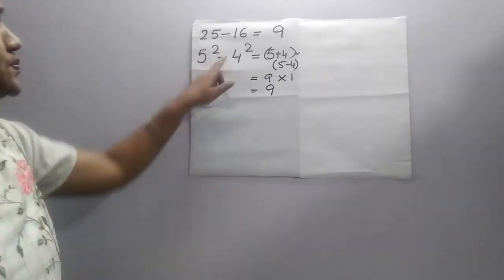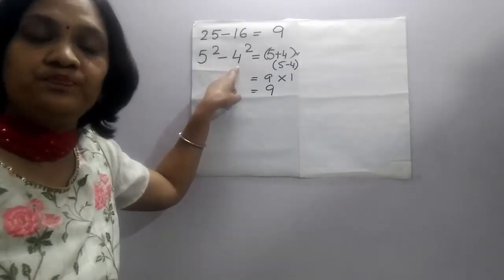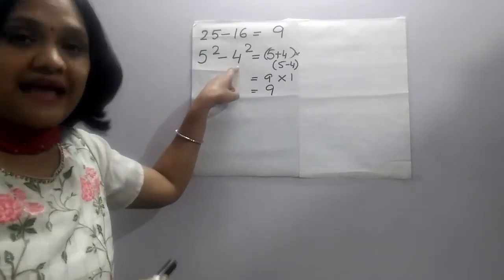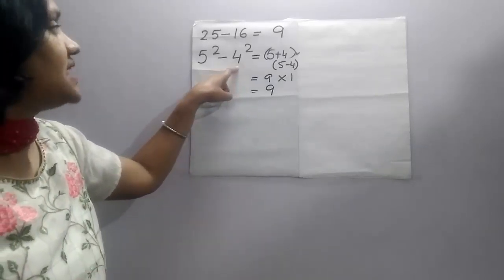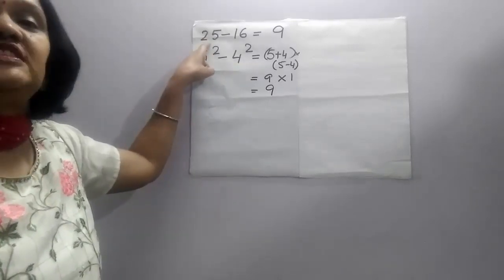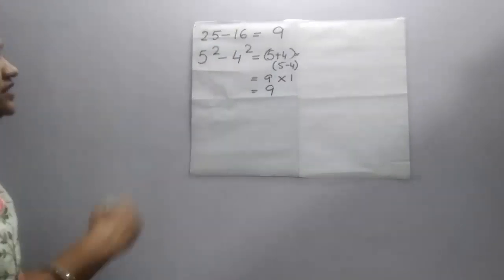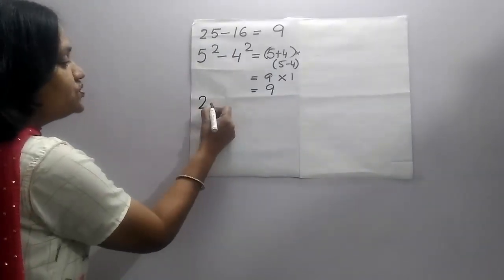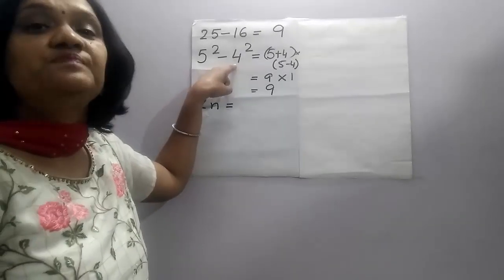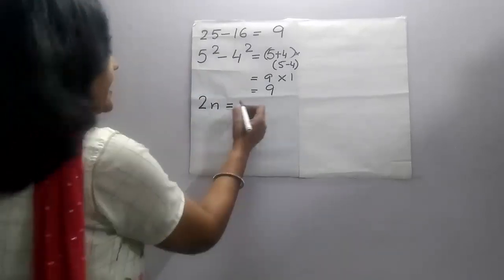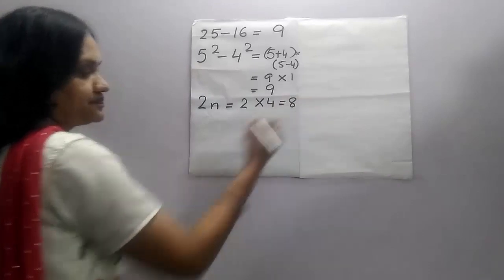Now, which is the smaller natural number out of 5 and 4? 4 is smaller than 5. Okay. Now, how many natural numbers are there between 25 and 16? We can calculate using the formula 2n, where n refers to the smaller natural number. So we are getting 2 into 4, which is 8.